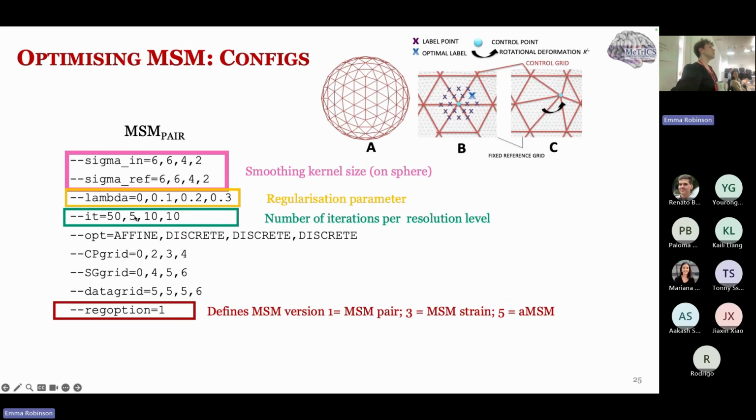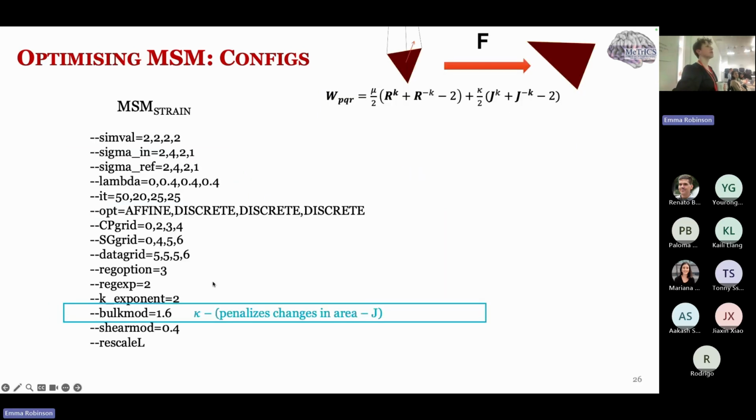These are the number of iterations you do per control point grid resolution level. They're low here for MSM pair, but when you go to MSM strain, we created a new parameter, rescale L. What that does is it jiggles the label space around, it offsets it so that you're sampling within each label separation.